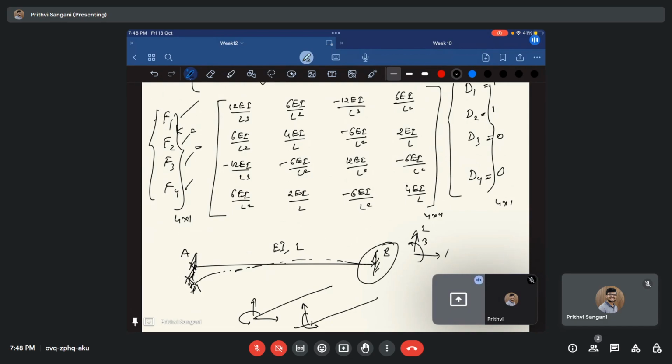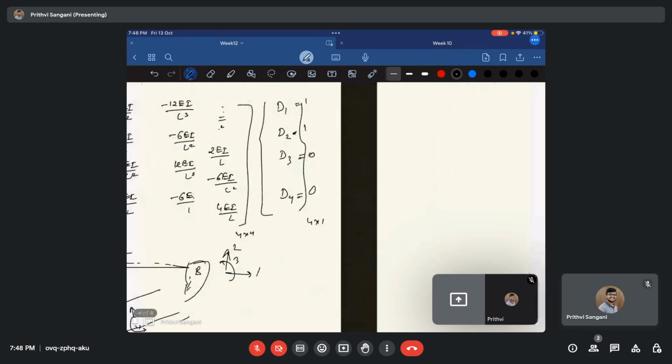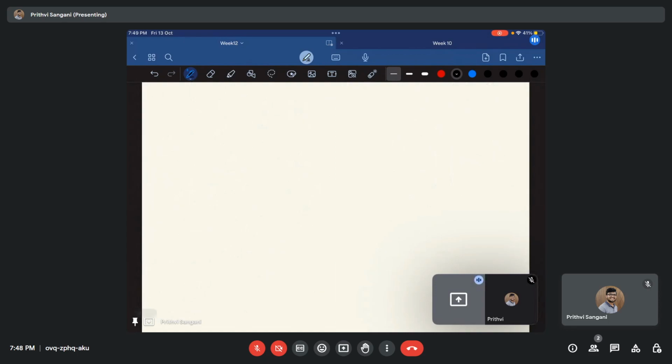But if you want to find the shear force and bending moment, you need to rotate your axis and find some transformations, right? Those transformations I'm not covering in this, because we can study them once we start learning about the advanced methods of structural analysis, during those courses.